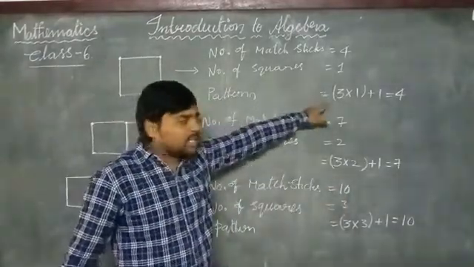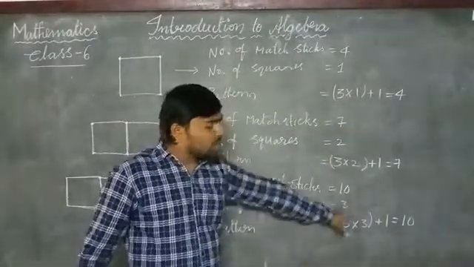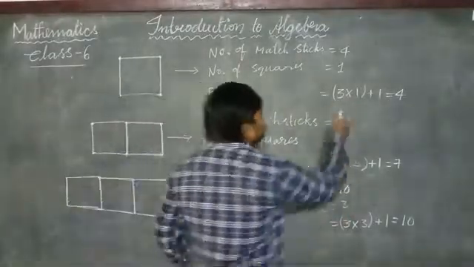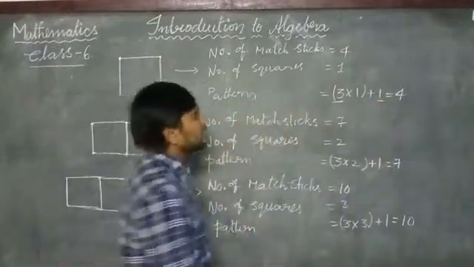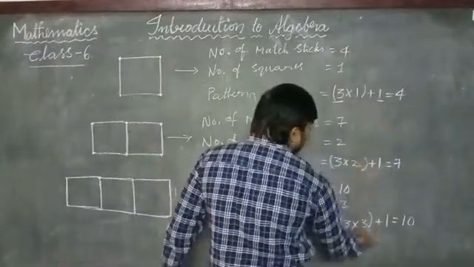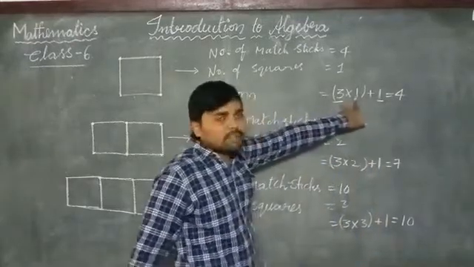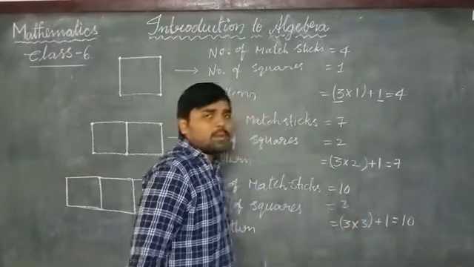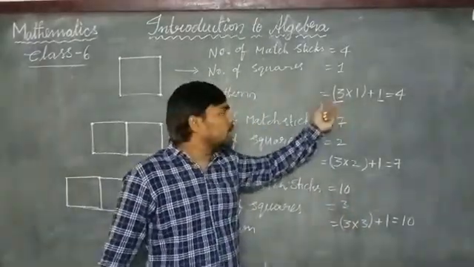Here the pattern is 3 into 1 plus 1, 3 into 2 plus 1, 3 into 3 plus 1. Here 3 and 1 are common, but here 1, 2, 3 is changing. That is why this changing value is called a variable. Here 3 and 1 are constant numbers.